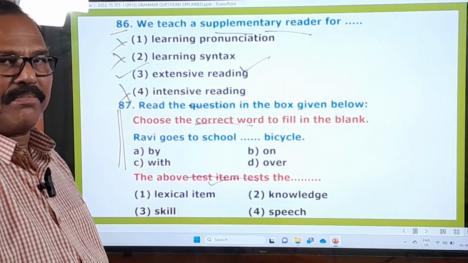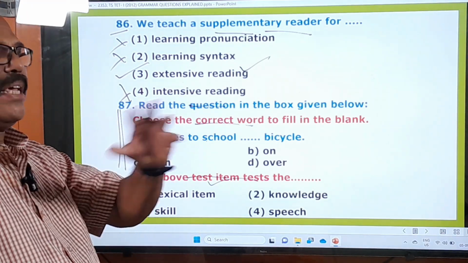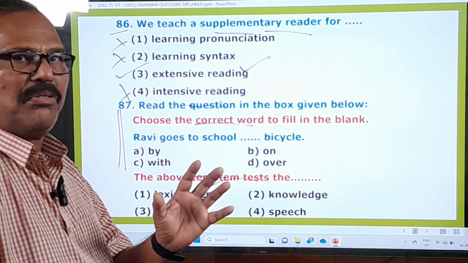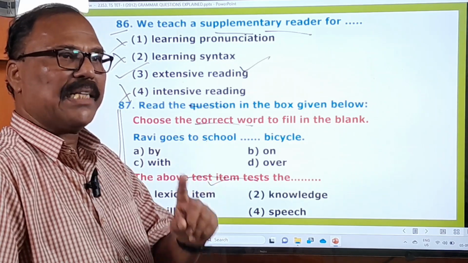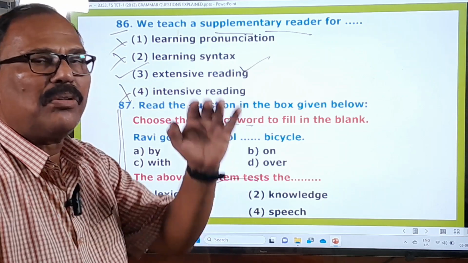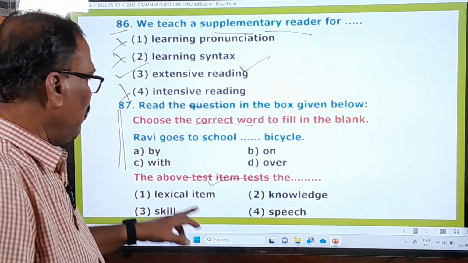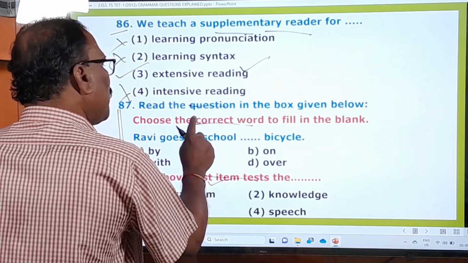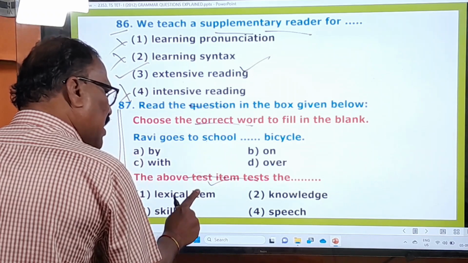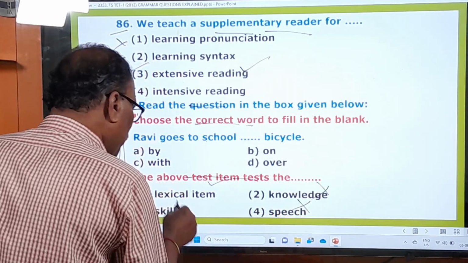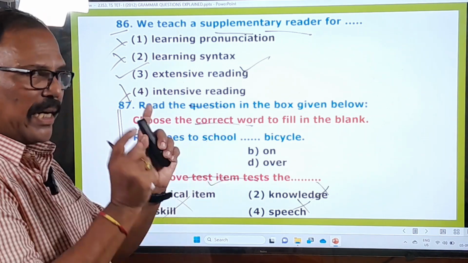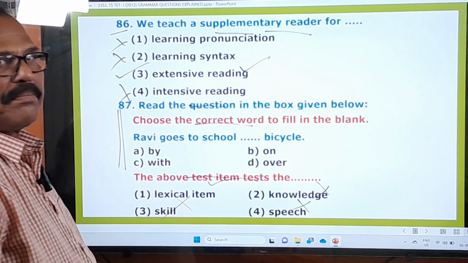Lexicon means dictionary. Lexicography means the making of a dictionary. You may be acquainted only with the word dictionary, but another word is lexicon. Lexical means pertaining to words. So here he is asking you to choose the correct word. Choosing the correct word means this item belongs to the lexical item, not the knowledge item, not the speech item, not a skill item. He is asking you to choose the correct word. That means it is a lexical item.